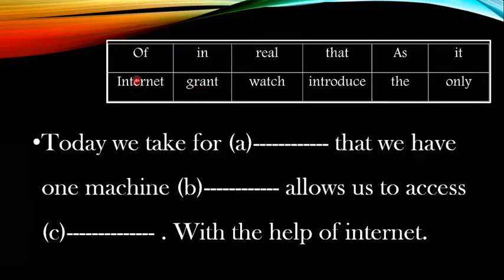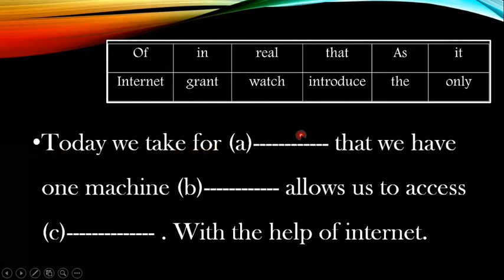Let's read the options first. We have of, in, real, that, as, it, internet, grant, watch, introduce, the, only, prepositions, verbs, noun, etc. in our option. So let's use them and let's read the text first.